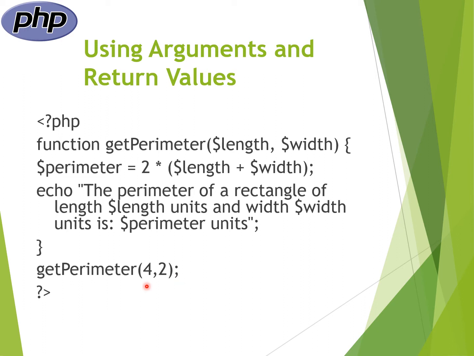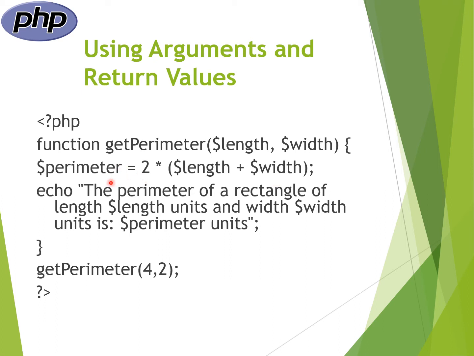What happens here is that 4 is copied to the length variable and 2 is copied to the width variable. So in this function, length is 4 and width is 2. $perimeter is equal to 2 times ($length plus $width), that is 4 plus 2, which is 6. 6 times 2 is 12.